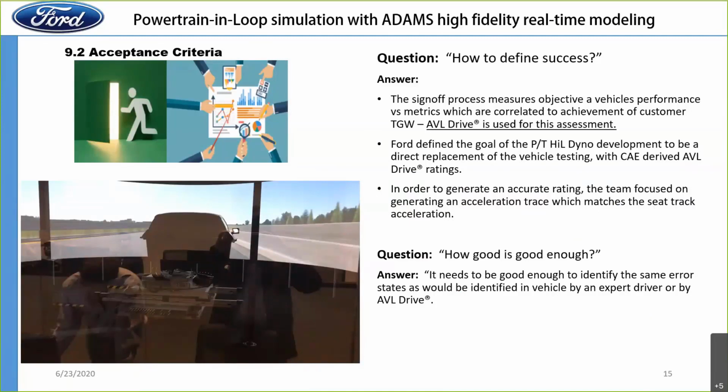We discussed with the team that it's impossible to do one-on-one correlation, so finally we decided to use statistics, and we introduced a software we call AVL Drive Rating, which basically creates a lot of box plots.